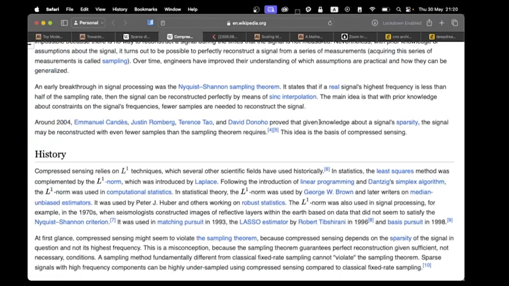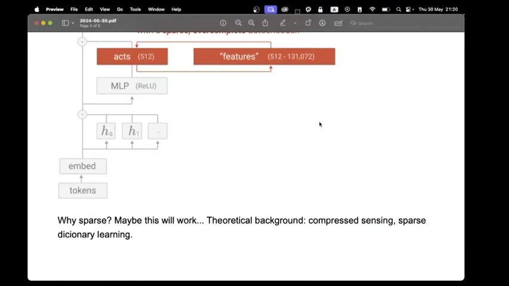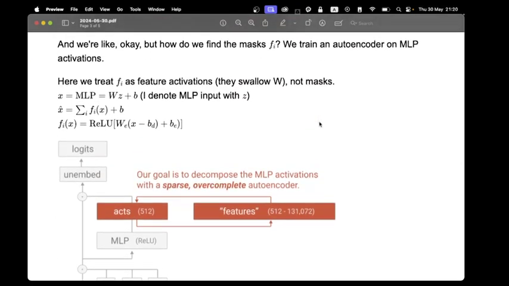And all this is to say that these are kind of very fuzzy intuitions about why this setup in particular. Like, why do you want sparsity?